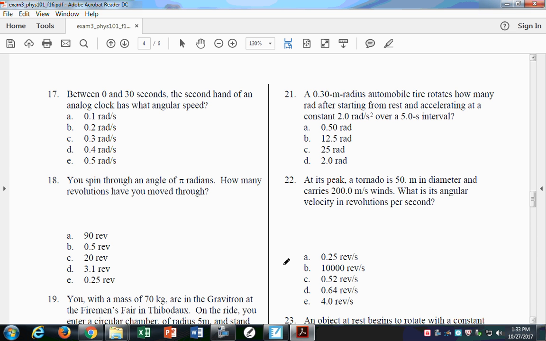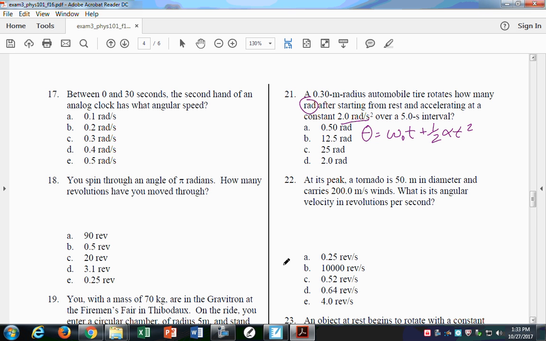Let's look at 21. This is a good kinematics problem. I have a tire. I want to know how many radians it rotates after 5 seconds, with an acceleration of 2 radians per second squared. So I'd say theta is equal to omega naught t plus 1/2 alpha t squared.